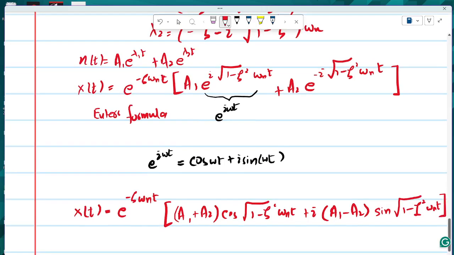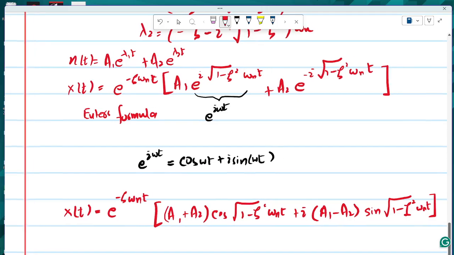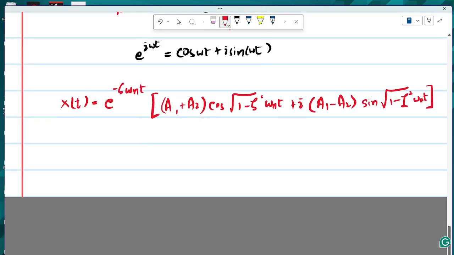So that's how you can simplify this solution method, and if you want, you can simplify it further. Because these both are constant values, just call them a1 prime and a2 prime. We are designating them with new constants, and it doesn't make any difference for us.